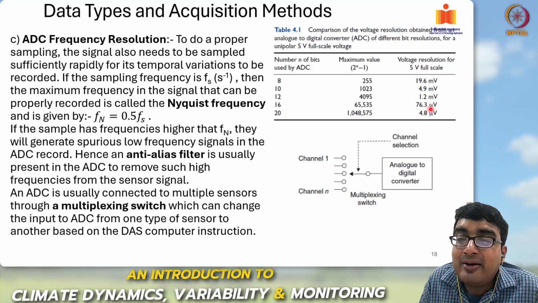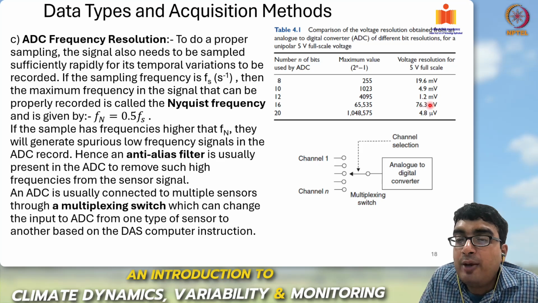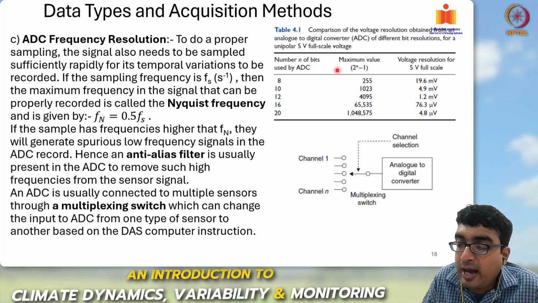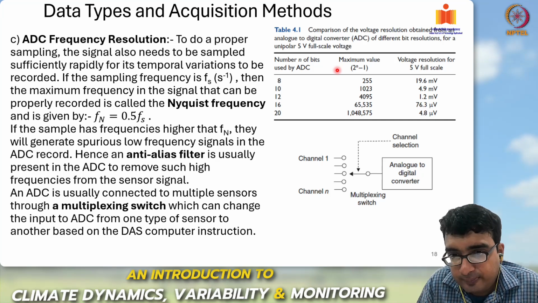So you can see a rapid drop, right? Similarly, 12-bit, you will get 1.2 millivolts. So the bigger the bit ADC, the better is the resolution of your instrument.